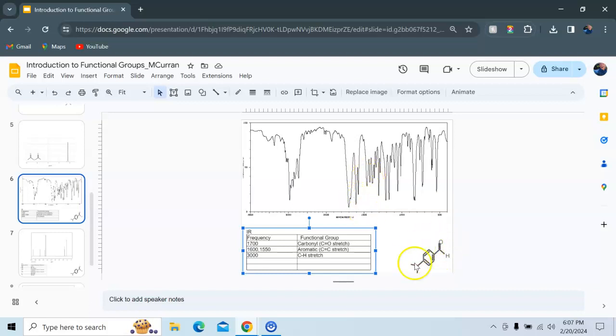This is cheating a little bit, this shows the molecule I'm thinking it is, but I'll point out the C double bond O stretch would be this bond here. The C double bond C stretches are these 3 within the benzene ring. And then this peak here at 3000 is the CH stretch.